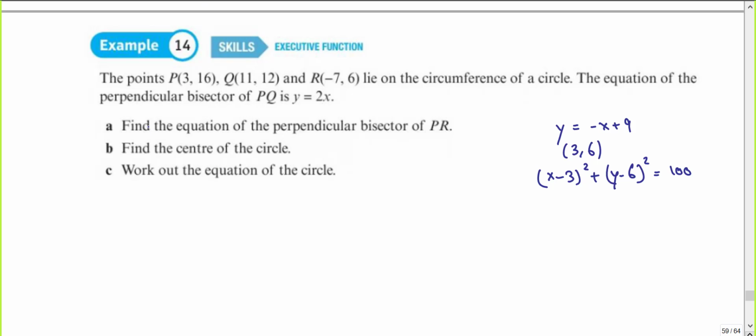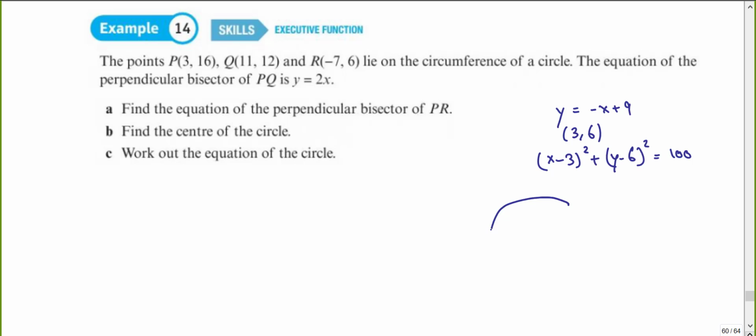Example 14 says the points P, Q, R lie on the circumference of a circle. So we have a circle. It's not exactly a circle, but think of it as a circle. Okay. So we have points 3, 11, and minus 7. So let's say here we have minus 7.